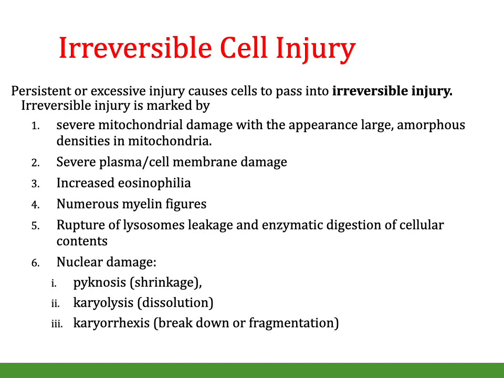So essentially, the cellular injury becomes irreversible if there is enough damage to the membranes, whether plasma membrane or the mitochondrial membrane, that leads to massive influx of calcium. So that's number one. Or when there is damage to the lysosomal membranes, leading to the release of proteolytic enzymes. So calcium and proteolytic enzymes, that is when the injury becomes irreversible.